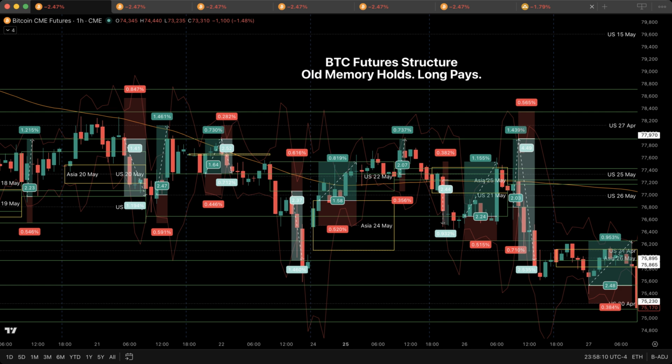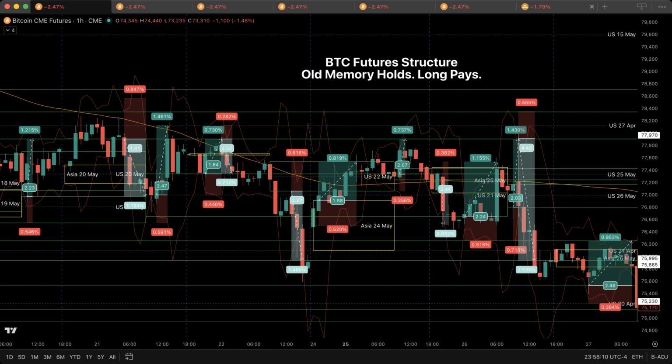If price reaches that boundary and stalls, the trade has paid. If price reaches that boundary and keeps distance, a trail can be studied. But the first job is simple. Take the clean target. Do not turn every long into a trend prediction.